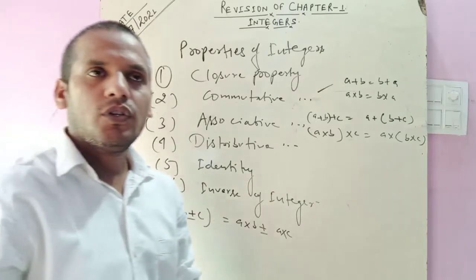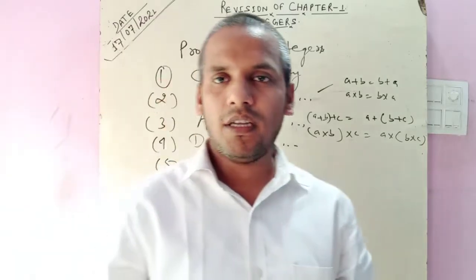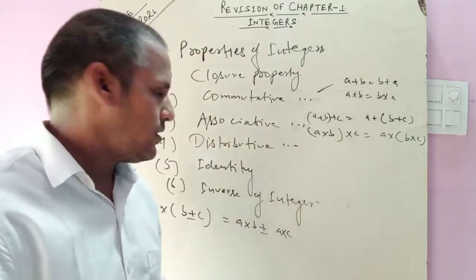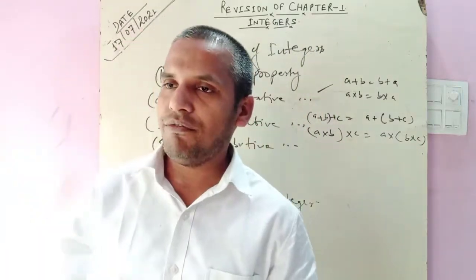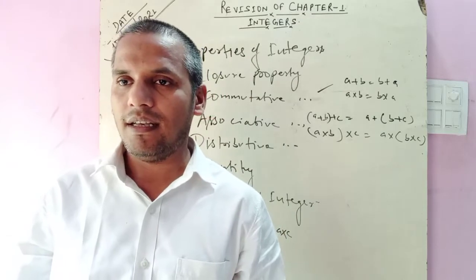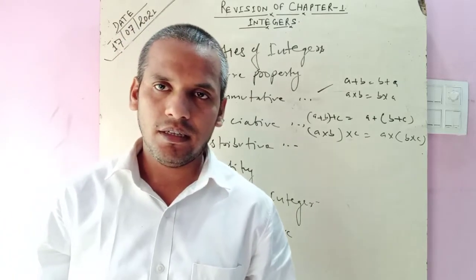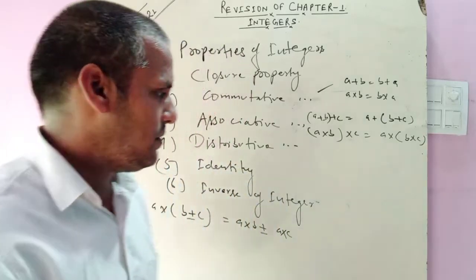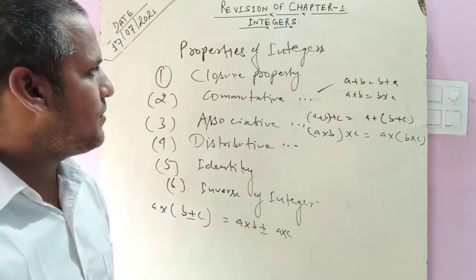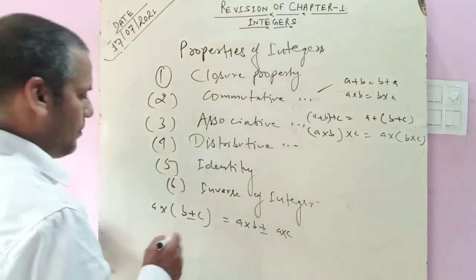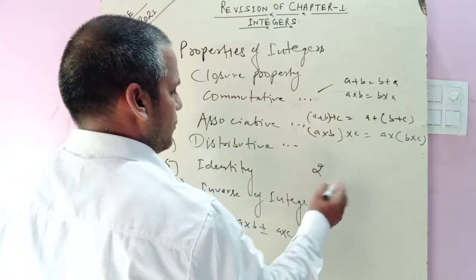Identity: we know 0 is the identity of addition and 1 is the identity of multiplication. Inverse of an integer: if we change the sign of any number, that will be the inverse of the integer. For example, what is the inverse of 2?